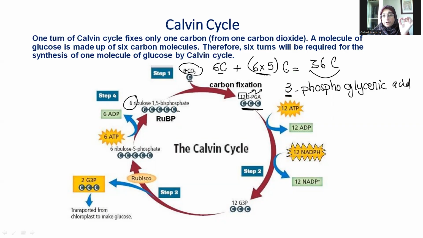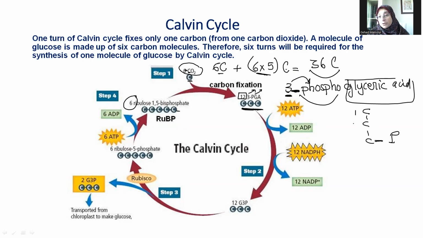When you write a number like this and a dash after it, and you have a phosphate group in that compound, then the 3 indicates the position of the phosphate group. This means that you have glyceric acid that consists of 3 carbon atoms, and at position number 3, 1, 2, 3, you will have a phosphate group.